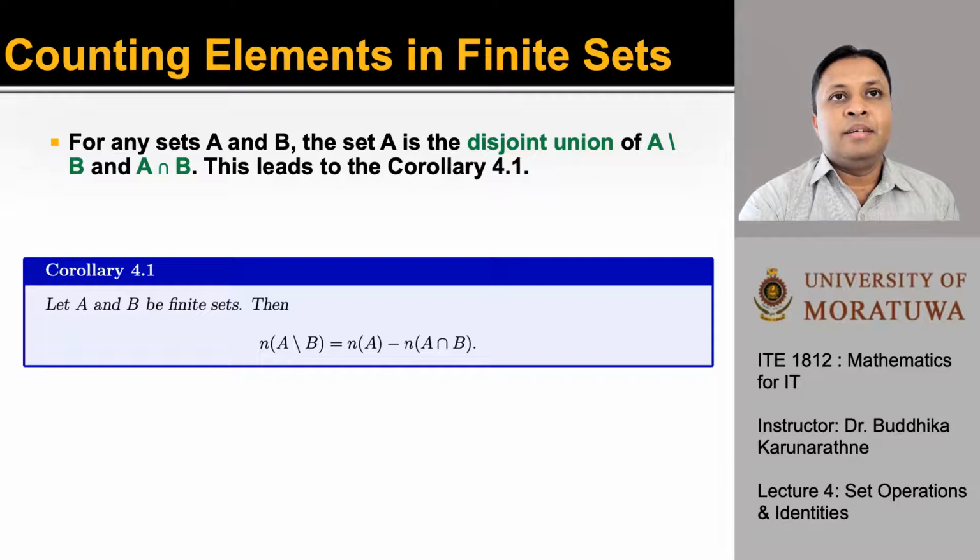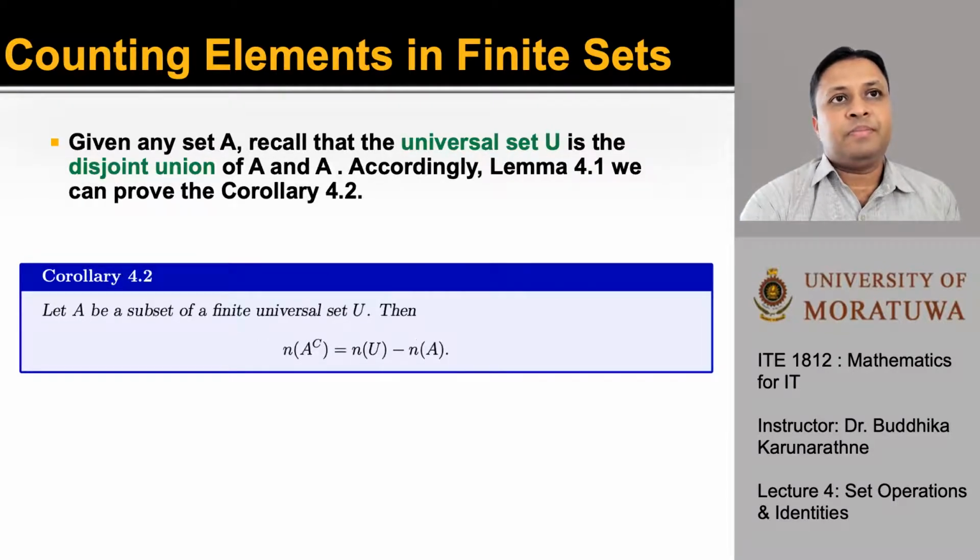In order to take the difference of A and B, you need to take out the common elements, and then you are left with the elements that are only included in A and not included in B. This is how you find the difference of sets.